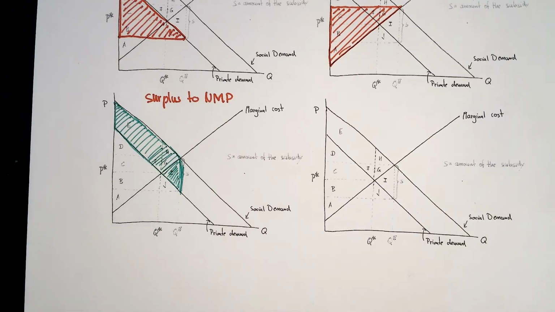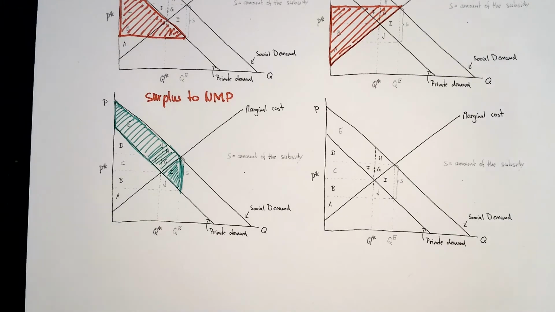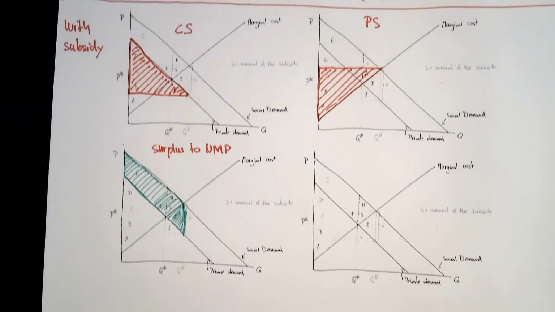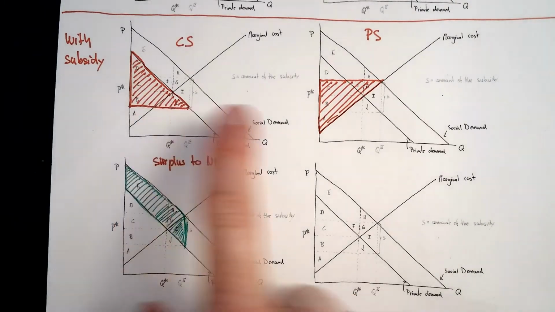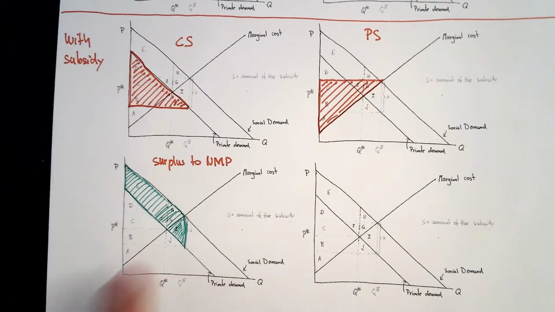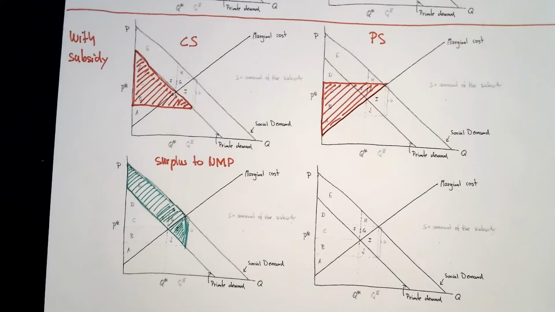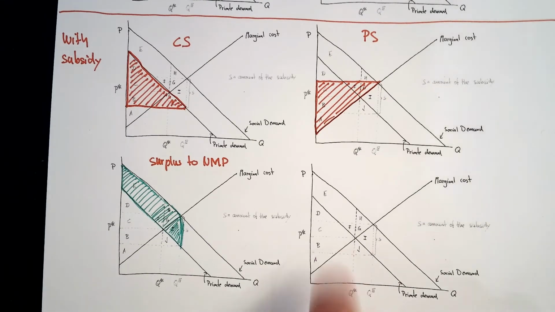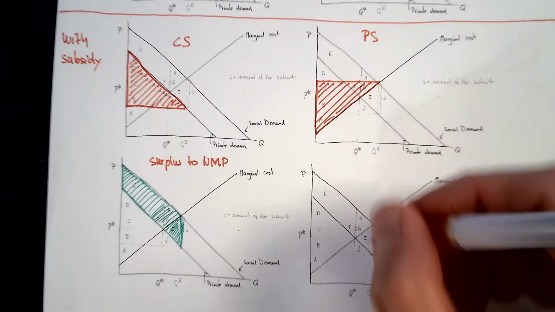But because we are also having an outlay, in the sense that the government has to pay a subsidy, the three items that we have looked at so far, the consumer surplus, the producer surplus, and the surplus to non-market participants, contribute to the social welfare. But here we also now have to subtract the cost of the subsidy.